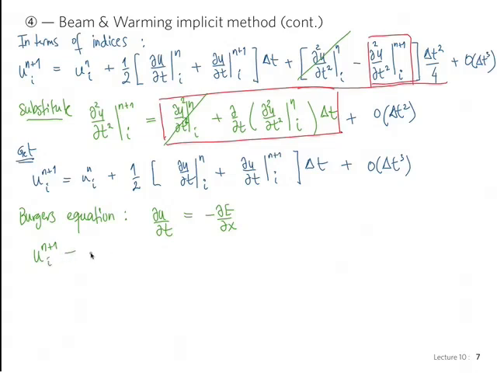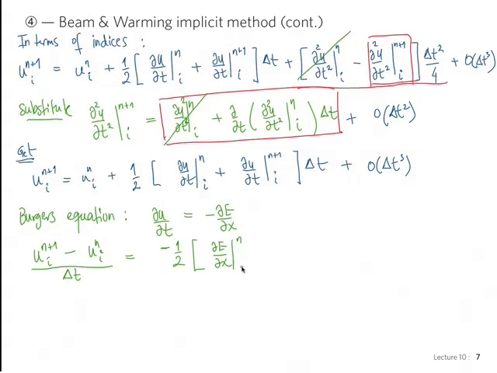This is the whole scheme. Although this is not the way you program it, it illustrates the order. We still have the 1/2 minus 1/2 and dE/dx at n.